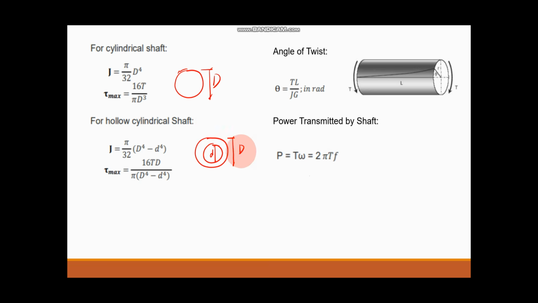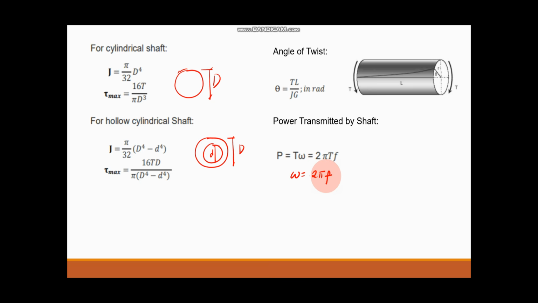So if the shaft is rotating with a frequency of f revolutions per unit of time, we can say that omega is equal to 2 pi multiplied by the frequency of revolution f.